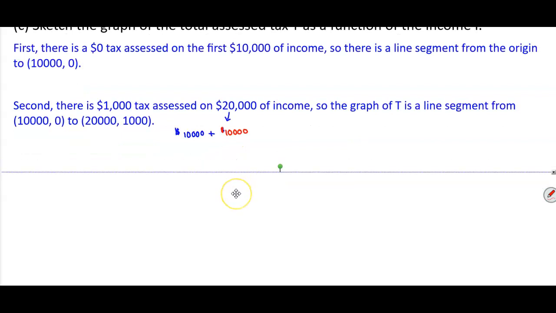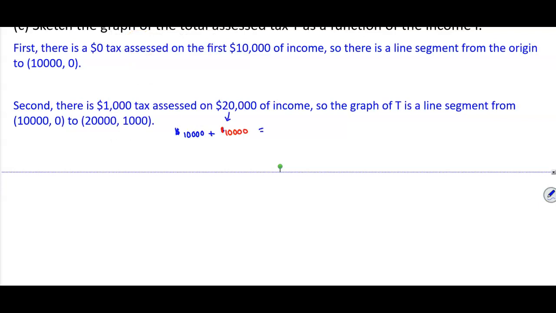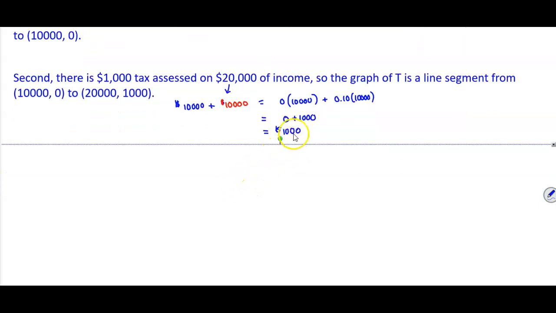So we have 0% of the first 10,000, plus 10% of the next 10,000, which gives us 0 plus 1,000, and that gives us $1,000. So that means now we're going to 20,000, 1,000.